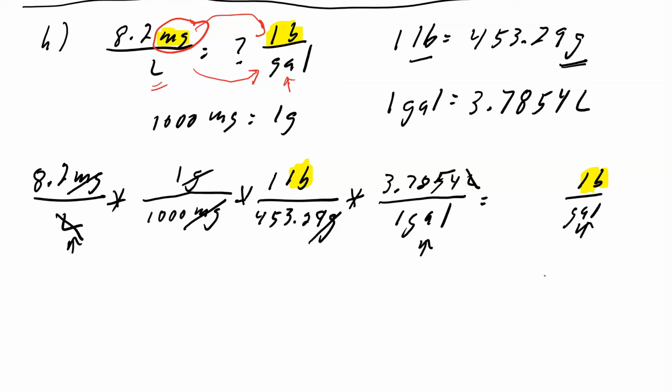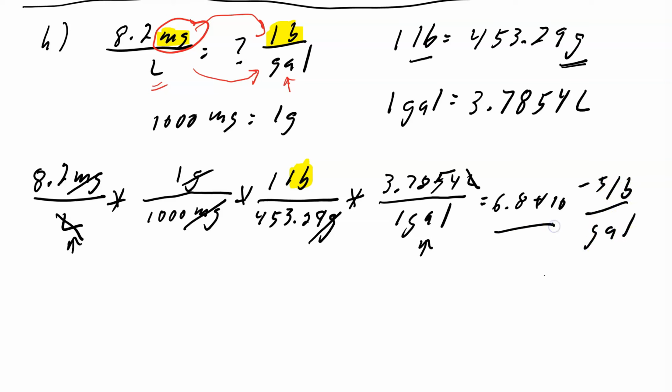So we are now going to just turn on our calculator and do the math. And let's move our units here because this number is going to be put in scientific notation because I'm multiplying by large denominator numbers. So doing the math, we get 6.8 times 10 to the minus 5th pounds per gallon.